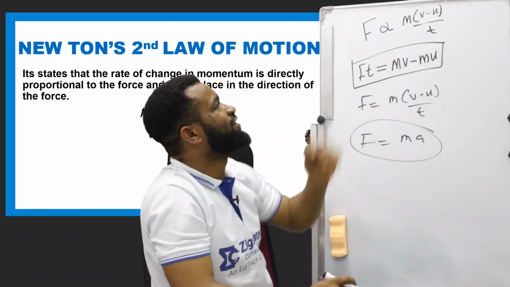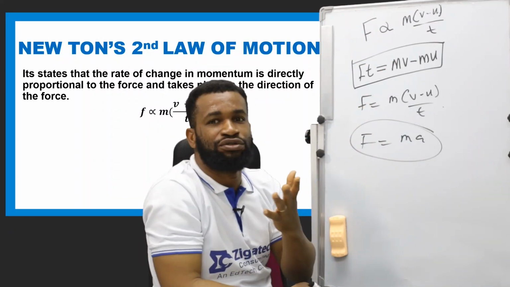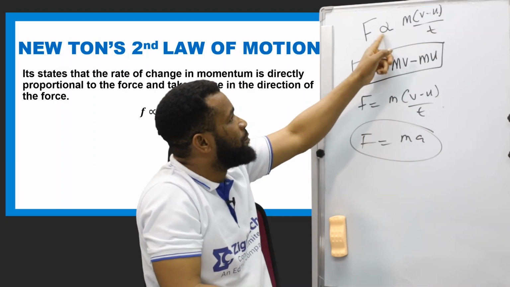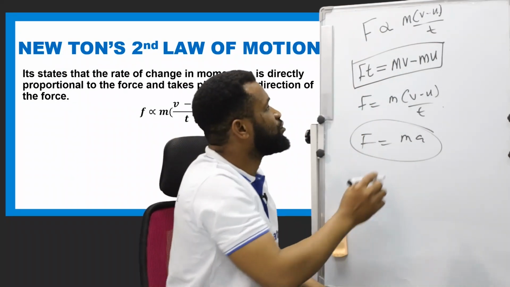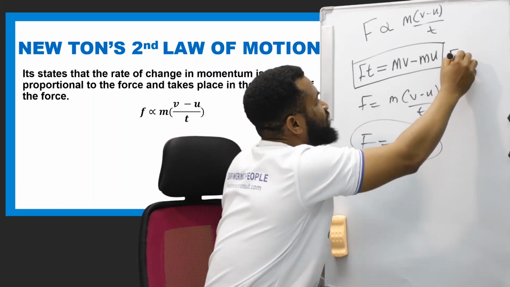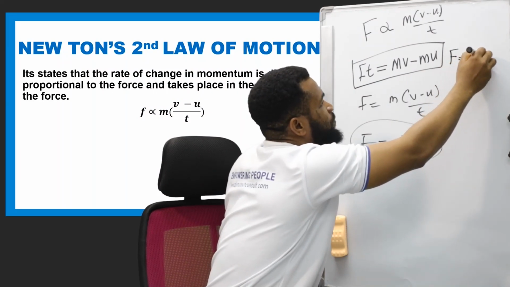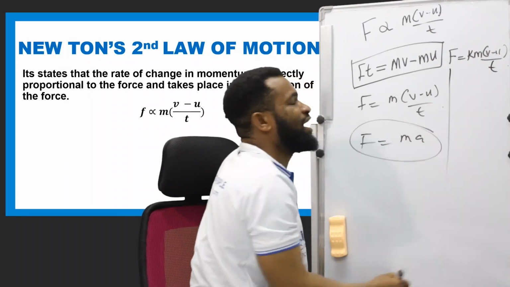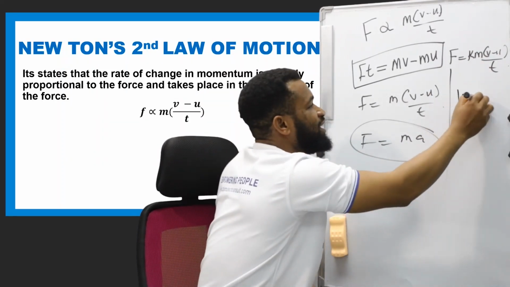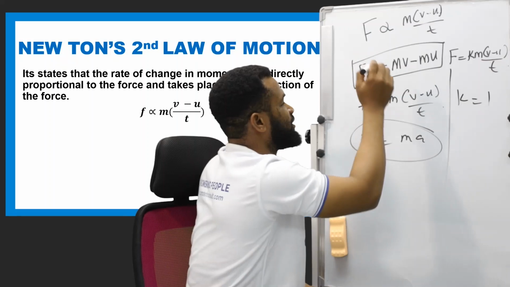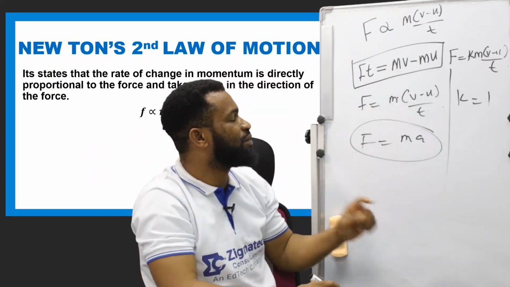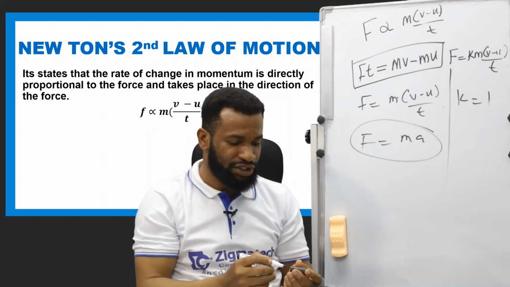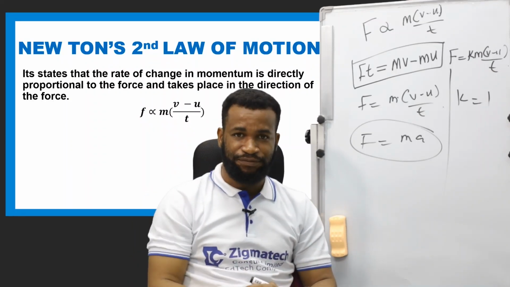According to the variation you learned, if I remove this proportionality, I introduce a constant: F equals k m(v minus u) all over t, where we said by assumption that k is 1, and that gave birth to this formula. If you say that k is 1, you have this formula for force. And that is what Newton's law stated.